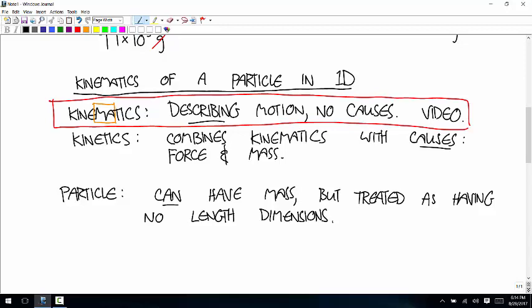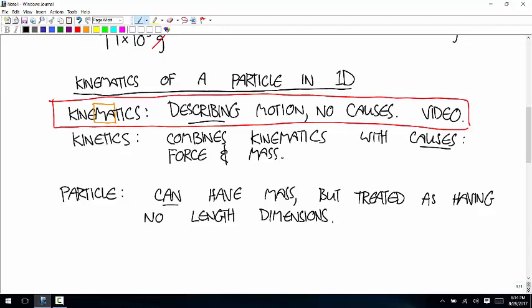And since it has no length dimensions, there's no this part and this part of it. Everything just happens in one location. So you can't make a distinction between the left and the right or the top and the bottom.